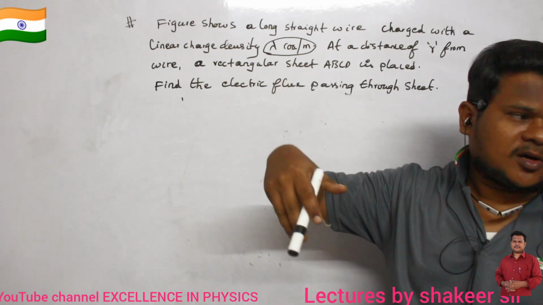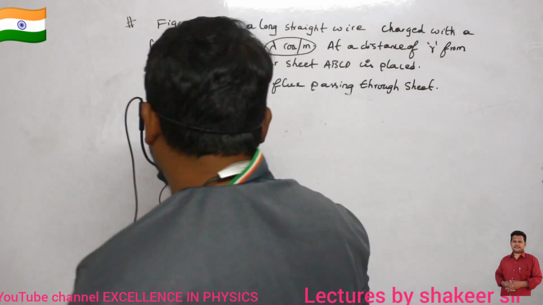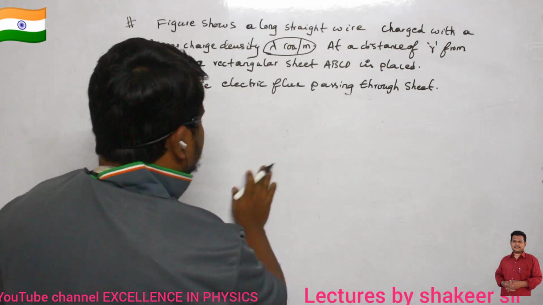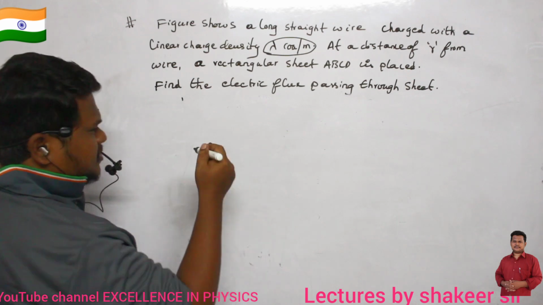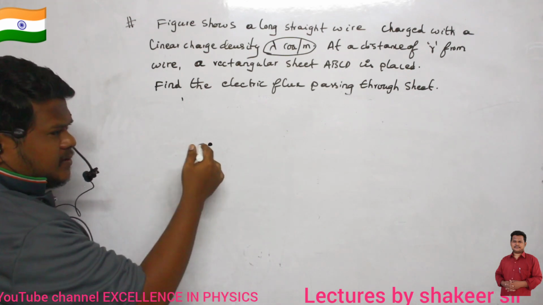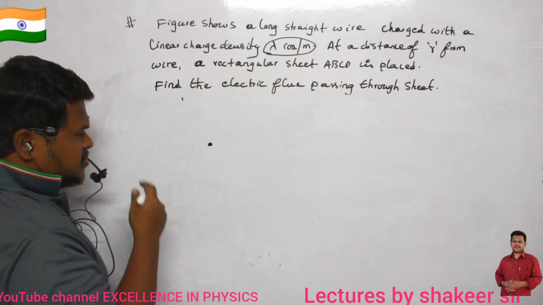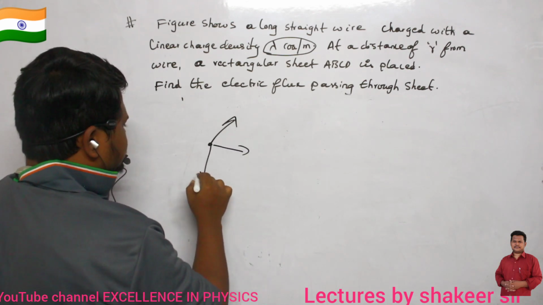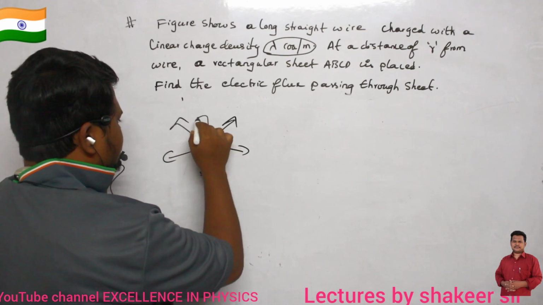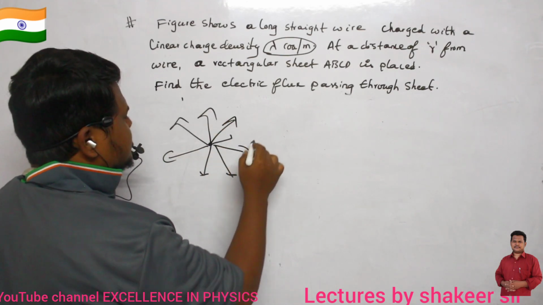If I take the top view of this diagram, how can I draw it? For example, this is the line. Flux lines will be traveling in every direction. Where is my sheet?